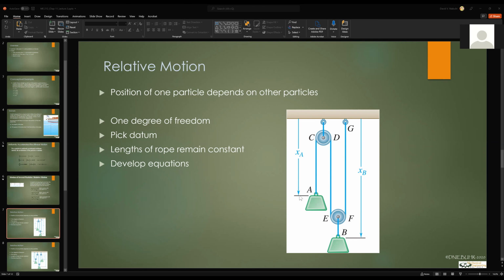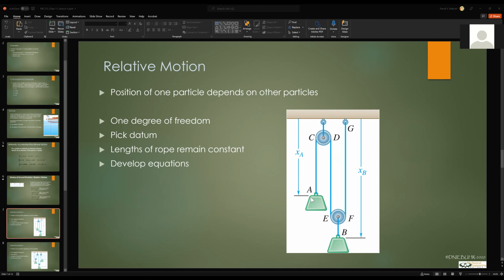What we're doing is relating the motion of A to B based on how the pulley is configured. If you look at the length of the ropes, the whole rope itself is constant, right? No matter what A and B do, the rope doesn't change length. From that, we can develop equations. Now, what are those equations?